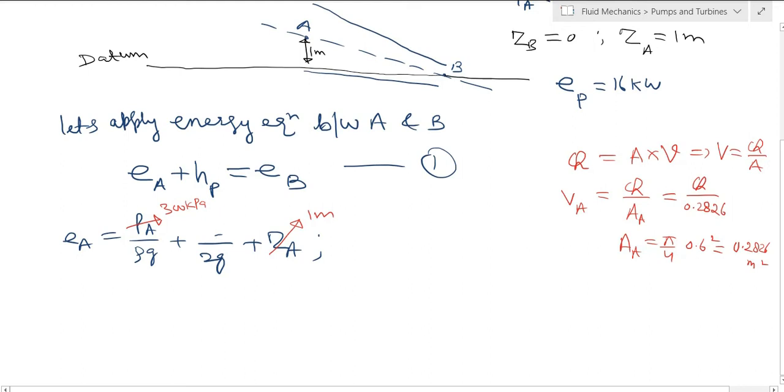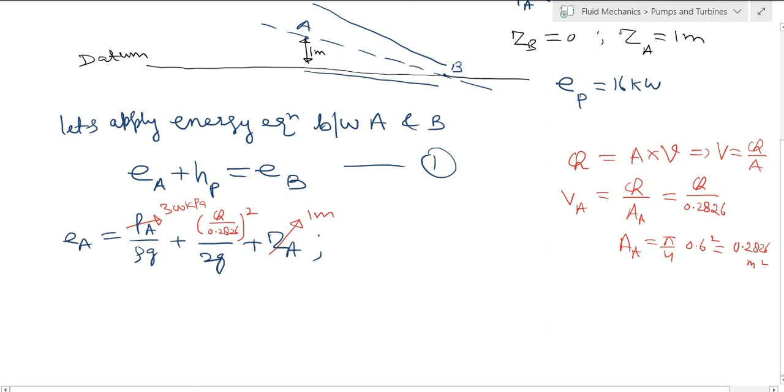This is going to be right. So how much is the energy at A?